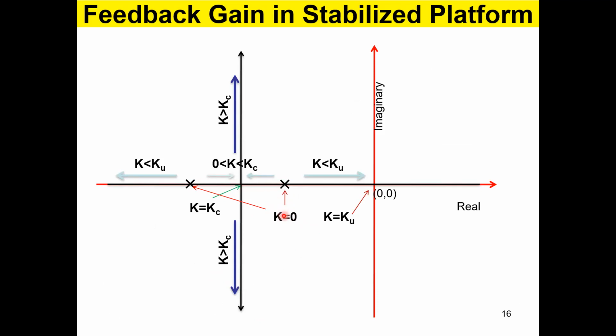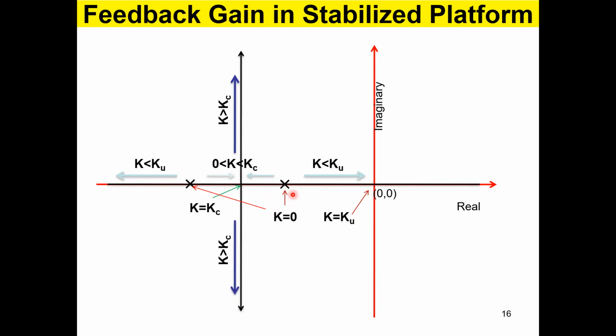If you reduce K to negative, this pole goes this way, this pole goes that way, right? So this pole reaches the origin over here when K equals Ku, ultimate K, and after that you are unstable.